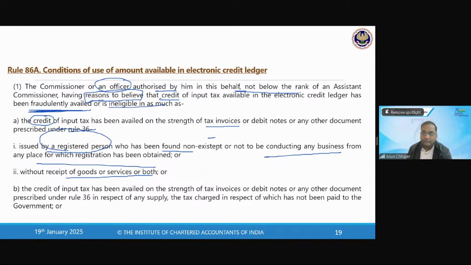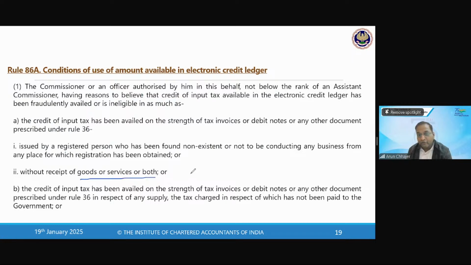Can you tell me, is it a condition for taking the ITC? Anybody who can recall Section 16 subsection 2, which discussed multiple conditions? Is this also a condition for taking the ITC? The answer is, if you read 16 subsection 2 clause B, it says that goods or services have been received.